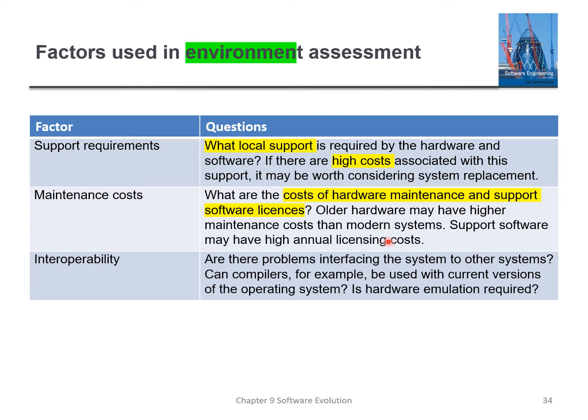Maybe you need to maintain it, so you need to see whether the annual licensing cost is very high in the future compared to if you use a new system that is being developed by many companies, where maybe the price will be more competitive.